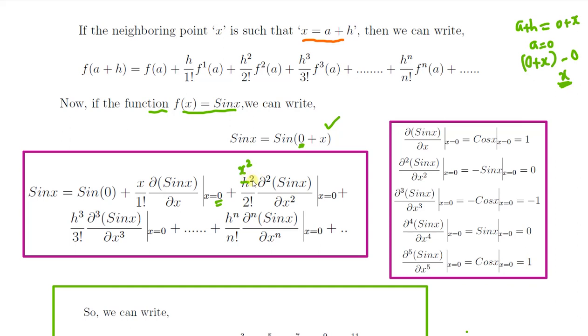It is x. This is again x cube by 3 factorial into dou cube by dou x cube of sin x at x is equal to 0 plus etc.